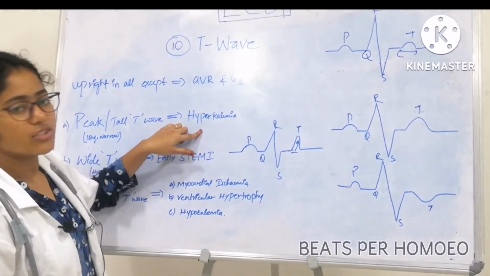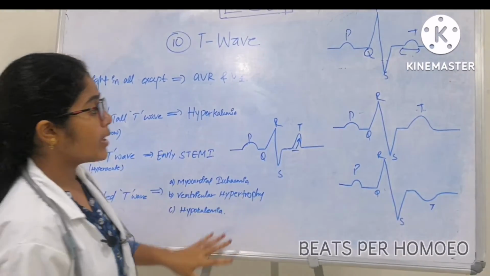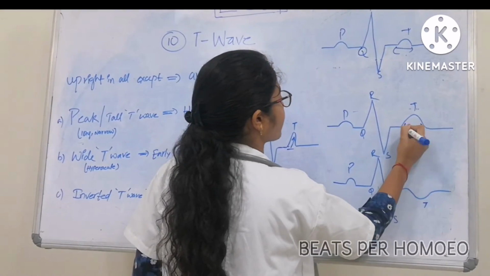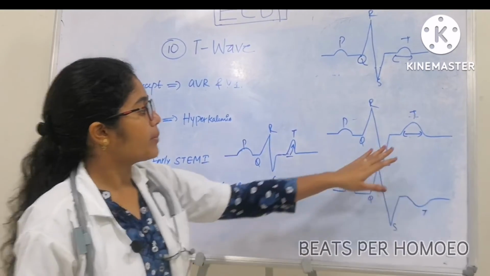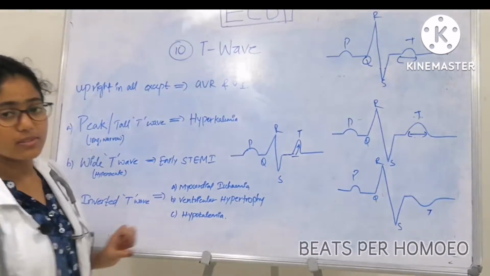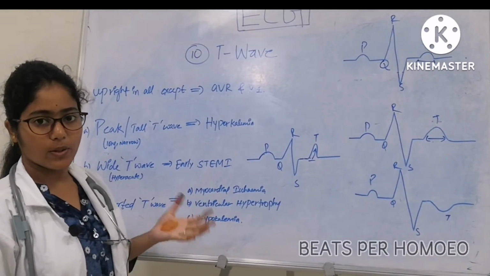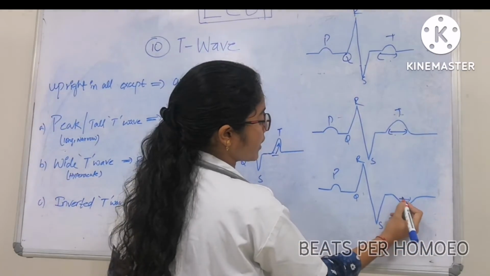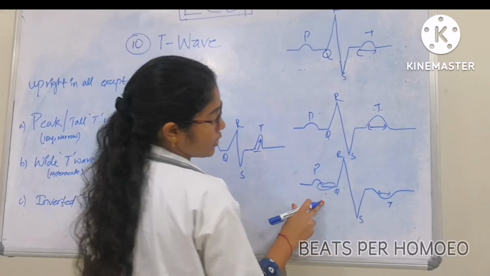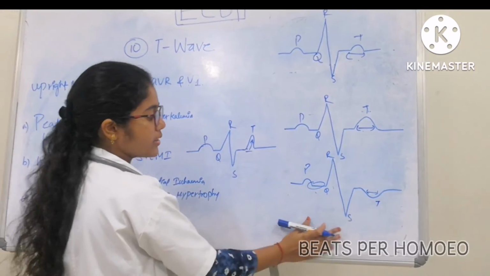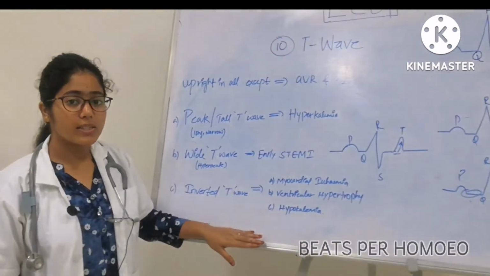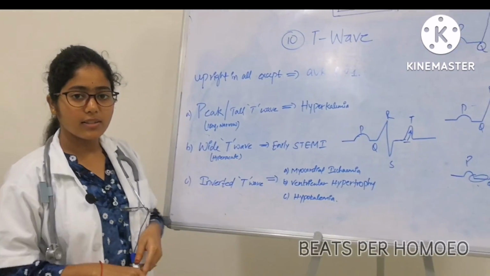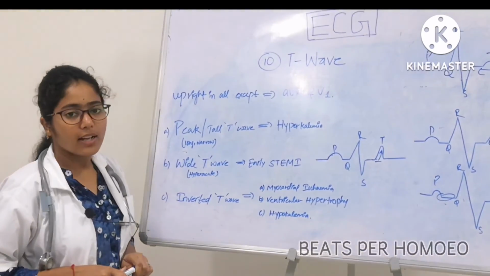It is seen in conditions like hyperkalemia, and it may be wide, that is hyperacute. A hyperacute T wave is seen in conditions like ST elevation MI. And when the T wave is depressed, it is lower than the isoelectric line, so it is known as an inverted or depressed T wave. A depressed T wave is seen in conditions like myocardial ischemia, ventricular hypertrophy and hypokalemia.